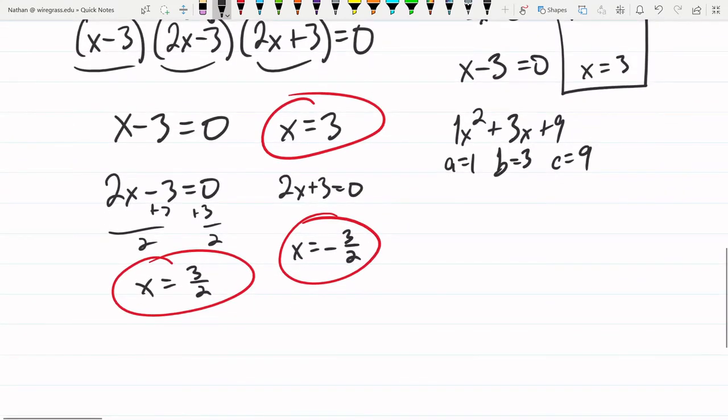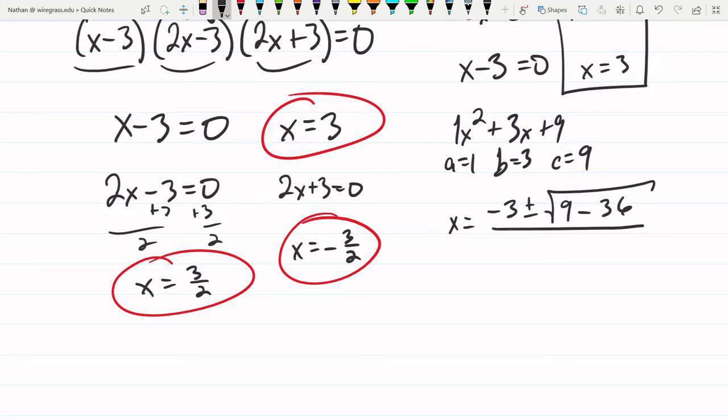And using the quadratic formula, we get x equals negative b plus or minus the square root of b squared, which is 9, minus 4 times a. 4 times a is 4, times 9 is 36, all over twice a. So 2 times 1 is 2.